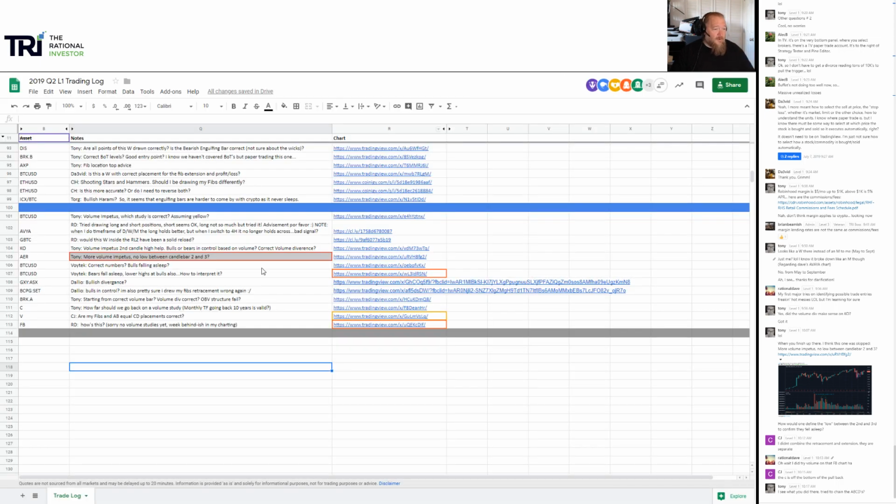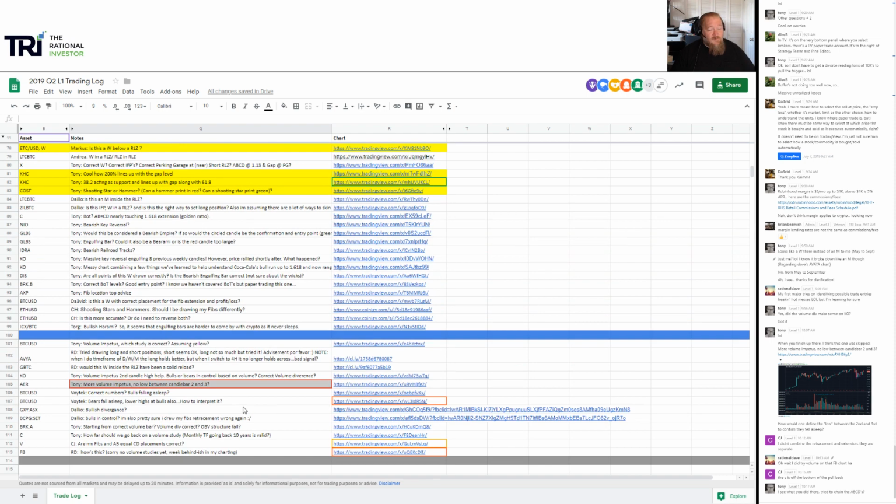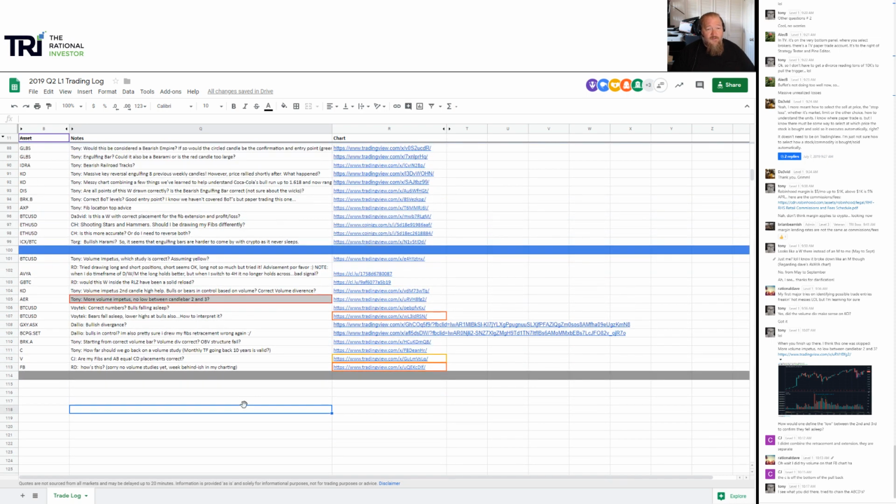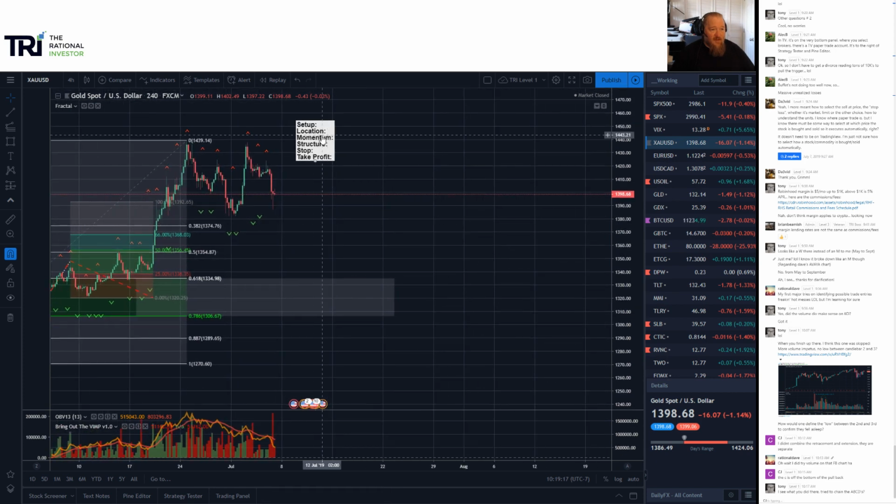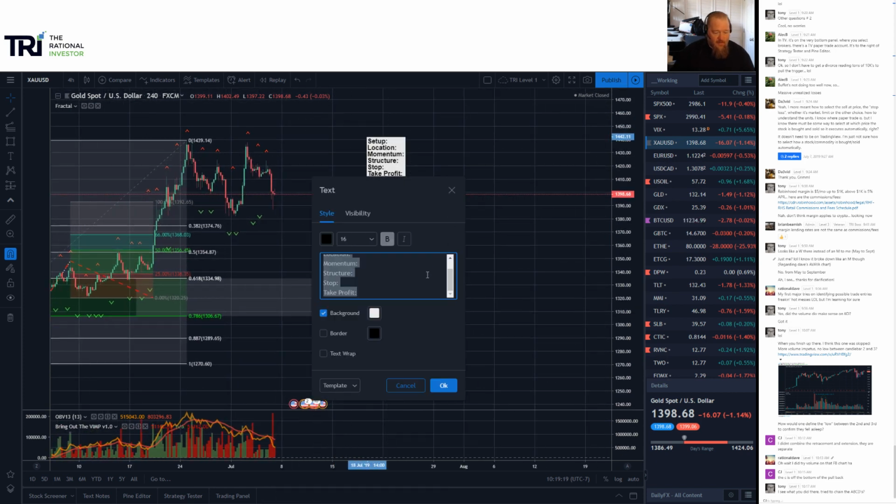Oh, one last thing. For this next week, let's try including the three things. We're going to call this setup the level 1 special. What we're looking for: for location, we want a fib retracement reload zone.